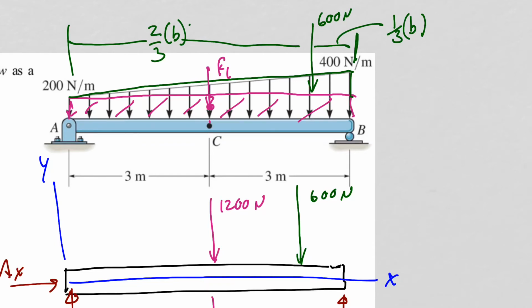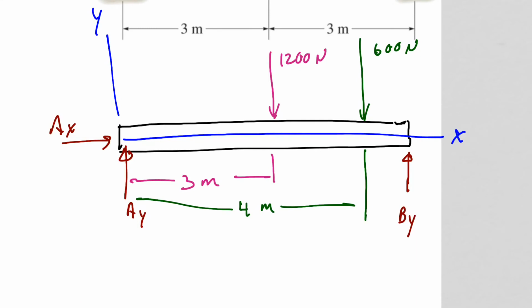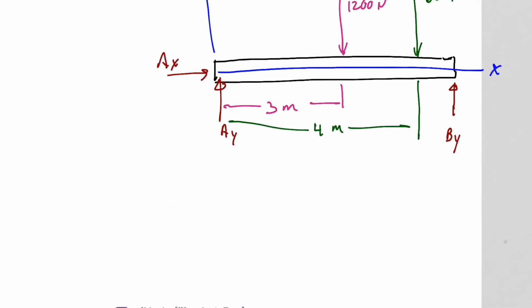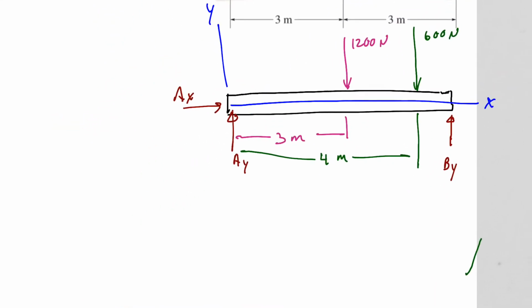So if we figure that out, it is 6 meters across, so 2/3 of 6 meters is equal to 4 meters. Okay, so there we have it. It's at 4 meters.